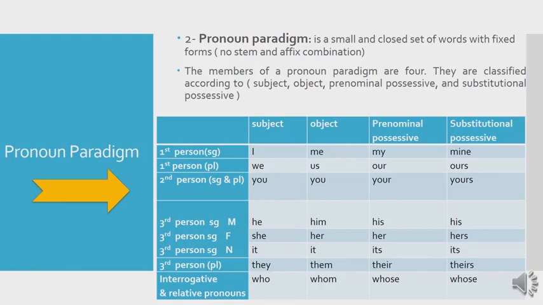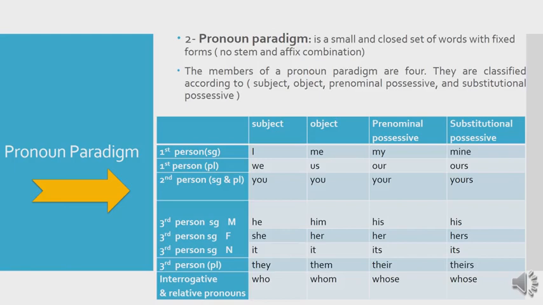And these pronouns are going to be classified according to 4 forms: the subject form, the object form, the prenominal possessive, and the substitutional possessive. So we are going to classify these pronouns according to these 4 classifications: the subject, the object, the prenominal possessive, and the substitutional possessive.